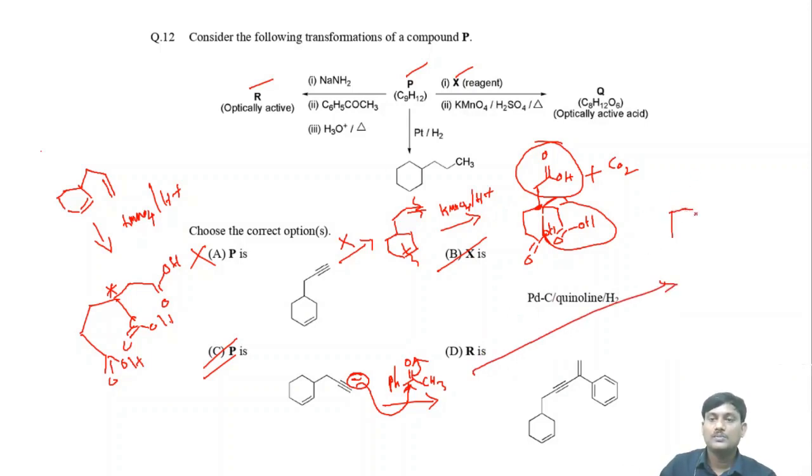This is the group, and this one is attached with this carbon. So this carbon will become O minus, and then later it will be protonated to OH, and another group is CH3, another group is Ph.